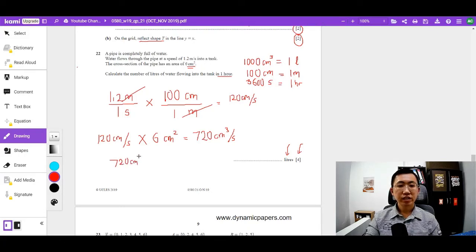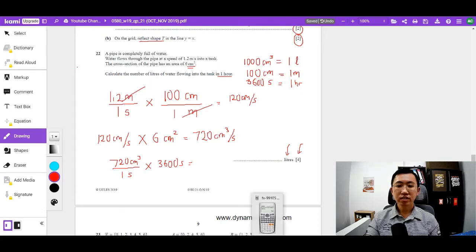720 centimeter cube per 1 second. So every second is 720 centimeter cube flowing in. How many seconds? You have to multiply right now times 3,600. Okay, that will show you 1 hour flowing in how much. So let us do that right now.